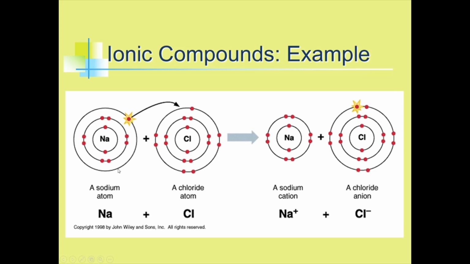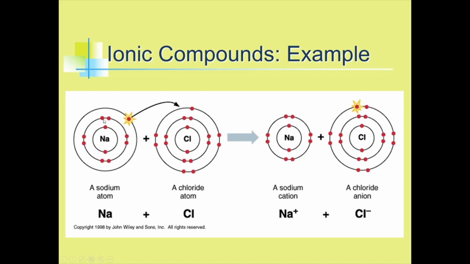It's too difficult for the sodium to gain 7 electrons in order to fill this outer shell. Plus, if it were to do that, it would have a very negative charge, which it really doesn't want to have. So sodium has the option of just getting rid of this next electron on the very end, this valence electron, so that this shell right here ends up being its outer shell.